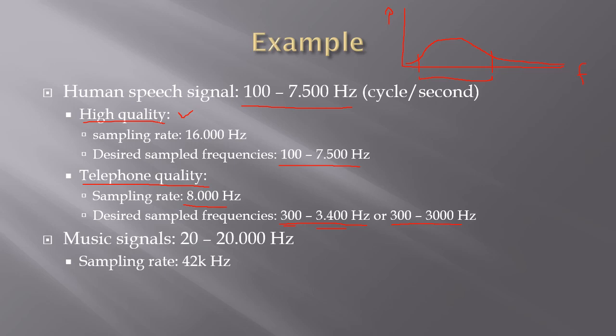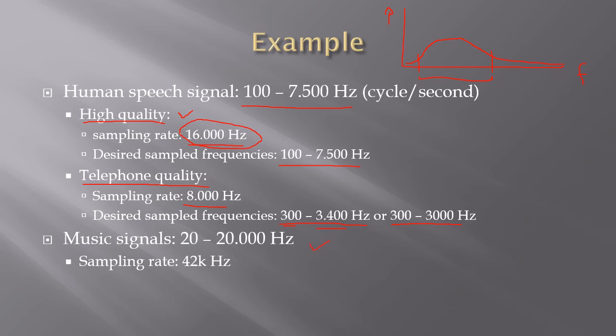If we sample the signals at 16,000 Hertz, it is larger than 15,000, which is twice as high as 7,500 Hertz. It means that all the frequency contents are sampled, or the signal is preserved. Okay, so we have a very high quality voice.